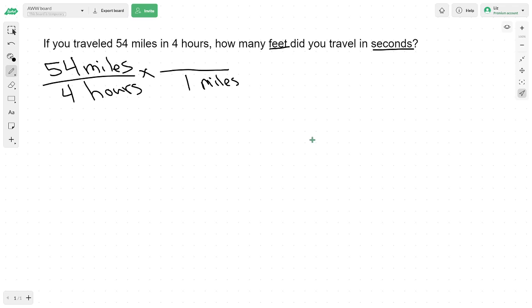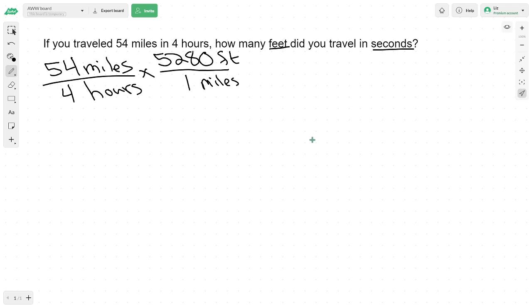So I'm going to put miles on the opposite side of the fraction as it originally was. And you might need to look some of this stuff up because I don't know if they have it in your book. But 1 mile is 5,280 feet.